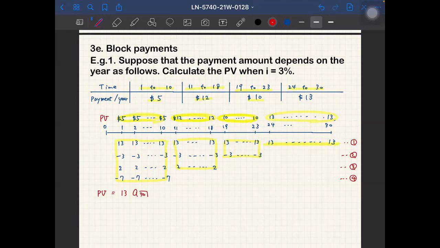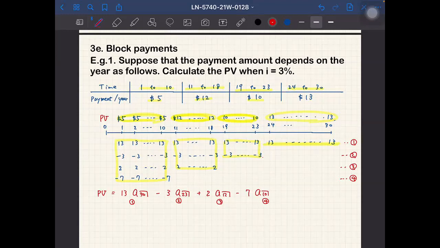The second one is negative 3 times a angle 23, because this is the $3 payments for 23 years. The third one is plus 2 times a angle 12, and the fourth one is minus 7 times a angle 10. So this amount is equal to PV.